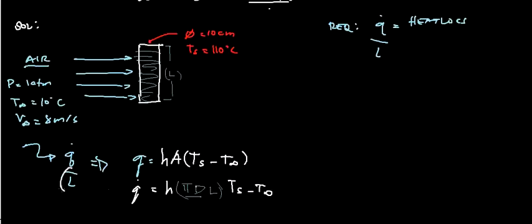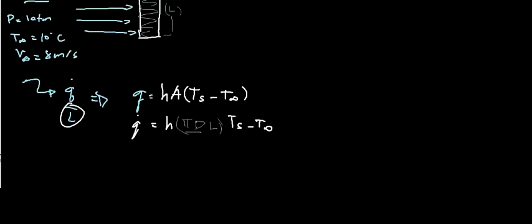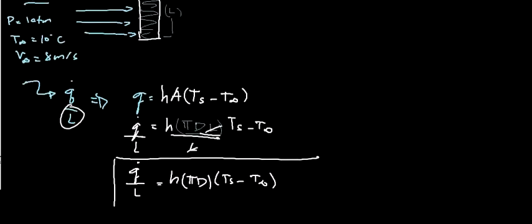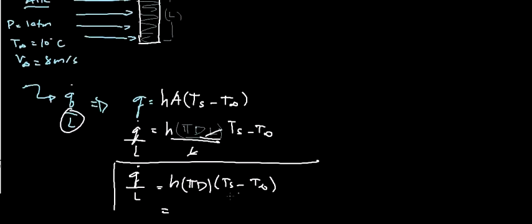And to determine the per unit length, all we need to do is to get its per unit length. So therefore, our needed equation for heat loss per unit length is h pi d (Ts minus T fluid), wherein our h is unknown.